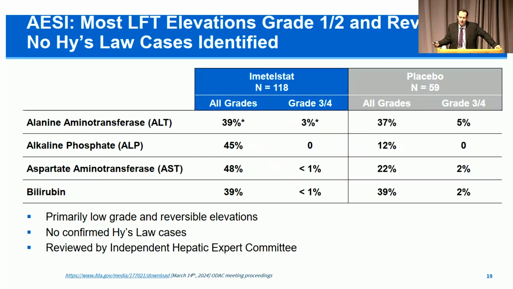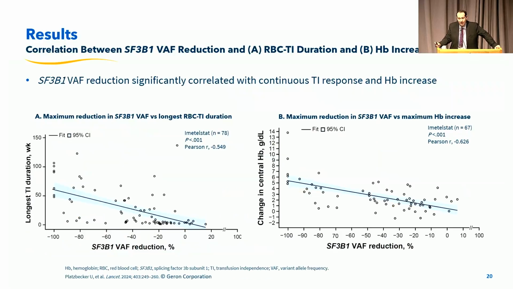Another AE of special interest is elevations in LFTs. I would note that the majority of those events were grade 1 and 2 and reversible, with no Hy's Law cases identified.